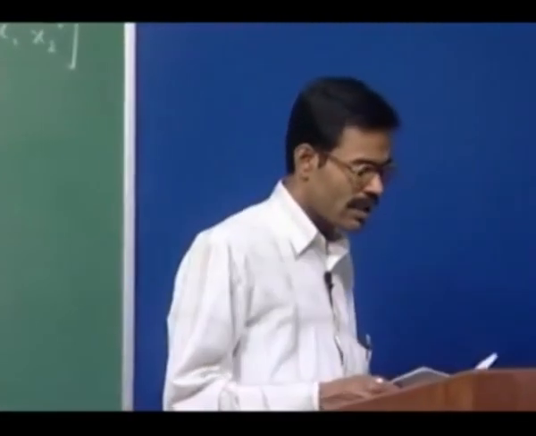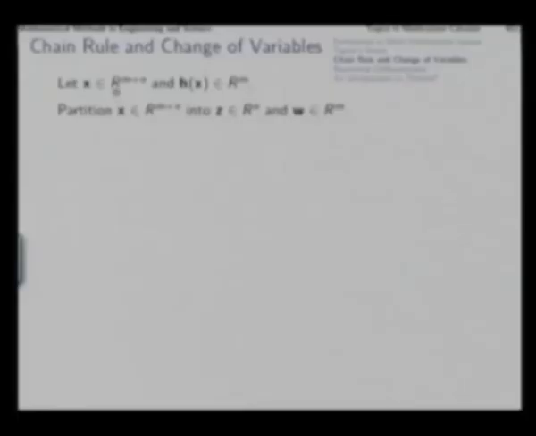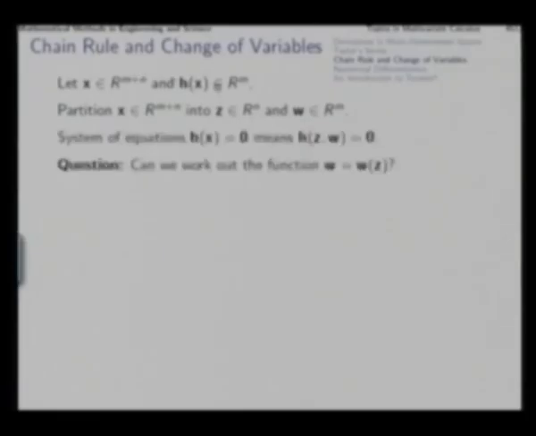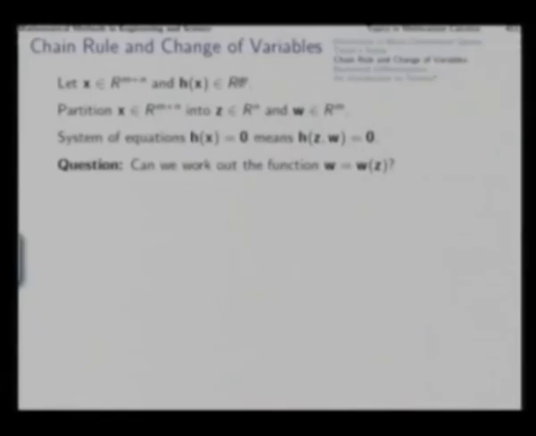And we proceed to another important issue that concerns us quite often. For that, let us consider a vector x of m plus n dimensions and a function of it, h of x, which is an m dimensional function. That is a vector function of a vector variable. The variable x is of m plus n dimension and the function is of m dimensions only.